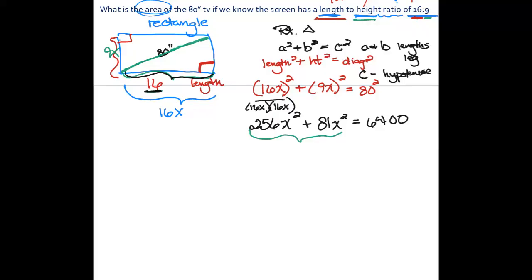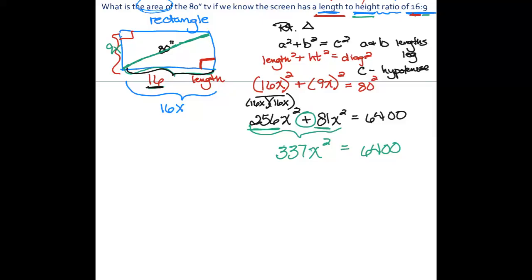People, you have some calculators around. When you add these together, you only add the coefficients. The x squared is like the last name. It's the type of thing that you have. So that is 337x squared equals 6,400.